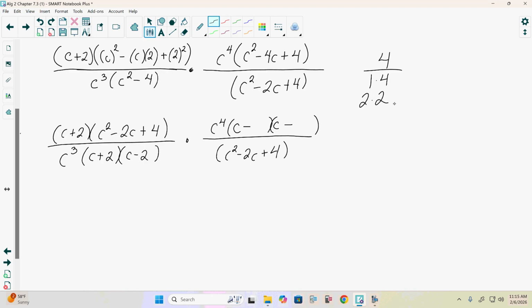Which one do we want to try first? 2 and 2. Because with the 2 and 2, we would have something in common on top and bottom that would reduce. And if we check to make sure we get negative 4c, c times negative 2 is negative 2c. Negative 2 times c is negative 2c. Negative 2 minus 2 is indeed negative 4, yes?